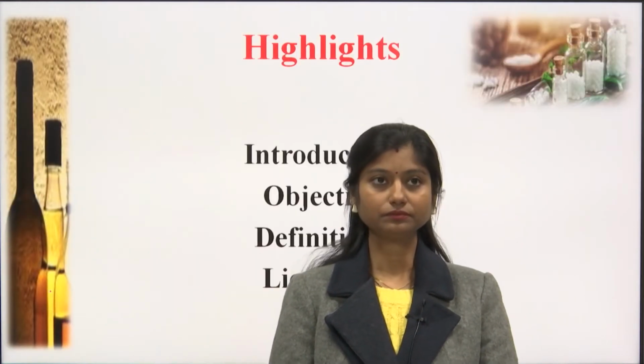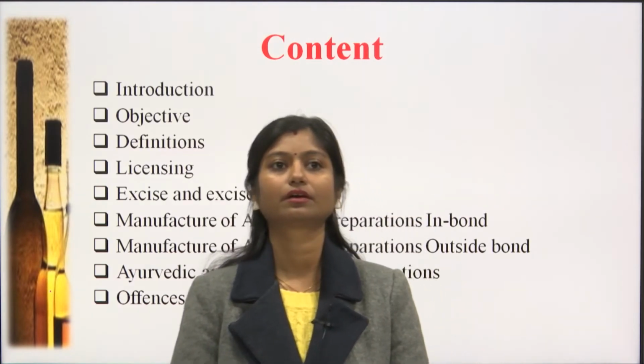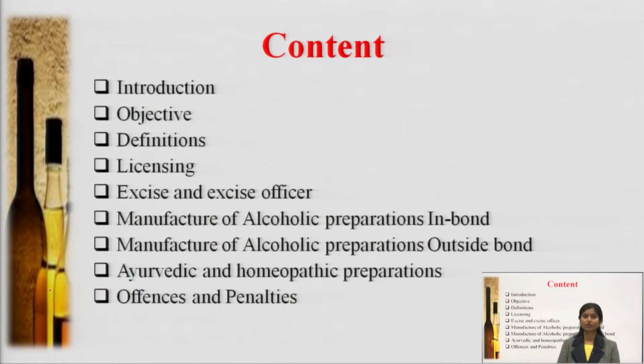So, this is the first part, and in this part I would be covering the introduction, definitions, objectives, licensing, excise and excise officer, manufacture of alcoholic preparation in bond, manufacture of alcoholic preparation outside bond, Ayurvedic and homeopathic preparations, and the offences and penalties with respect to them.